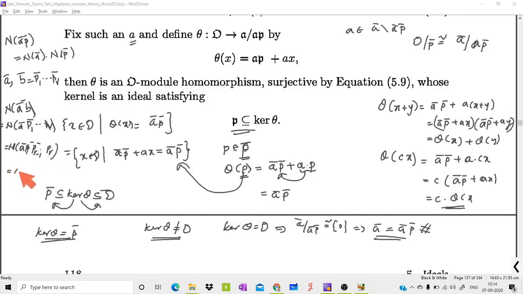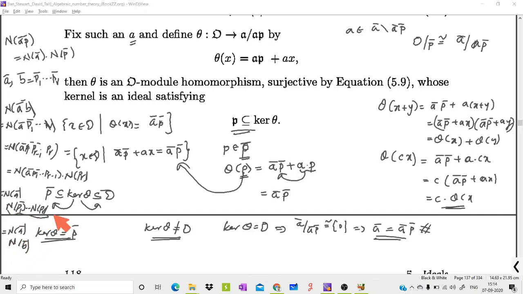So this can be written as N of A P1 etc. P(R minus 1) into N of PR. Now you can extract all these N of P1, N of P2 etc. Then this will be N of A into N of P1 etc. N of PR. Now you can regroup this again since these are prime ideals. So N of A into N of P1 P2 etc. PR. P1 P2 etc. PR is nothing but B. So we get N of A into N of B.